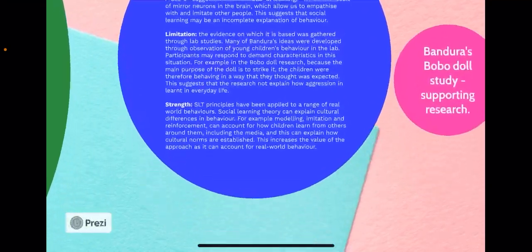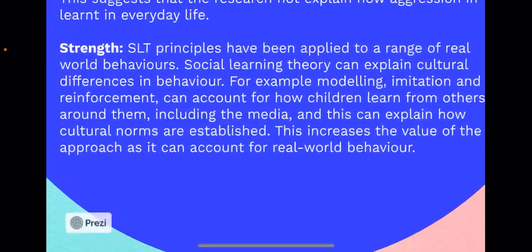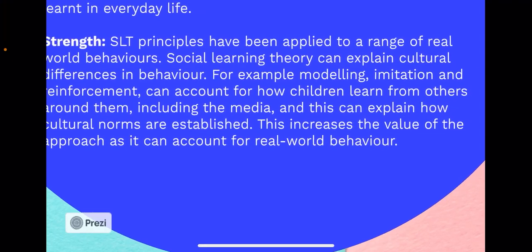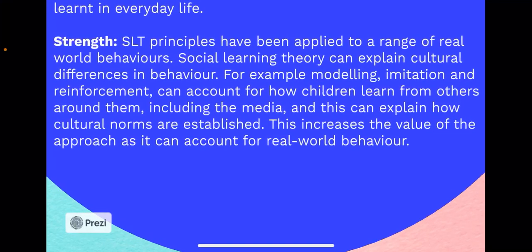So we've got a final evaluation point, which is a strength. Social learning theory principles have been applied to a range of real-world behaviours. Social learning theory can explain cultural differences in behaviour.